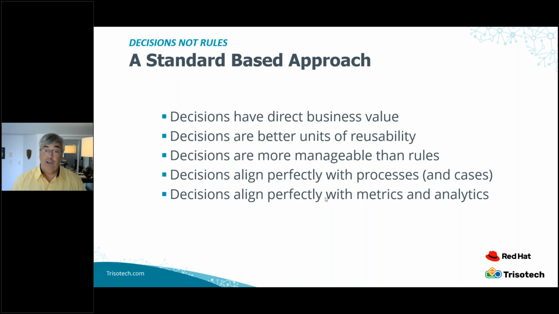Decisions are better units of reusability, more manageable than rules, and certainly are perfectly aligned to process and case and can help support metrics directly. We usually don't want to know how many of these rules happened. We want to know how many decisions did we make, what was the result of these decisions, and that's what we're really interested in from a business point of view.